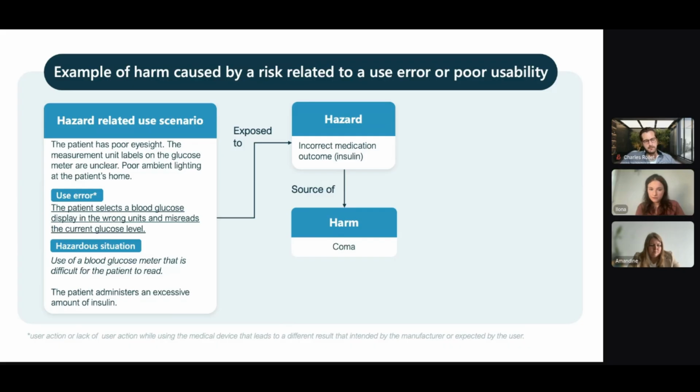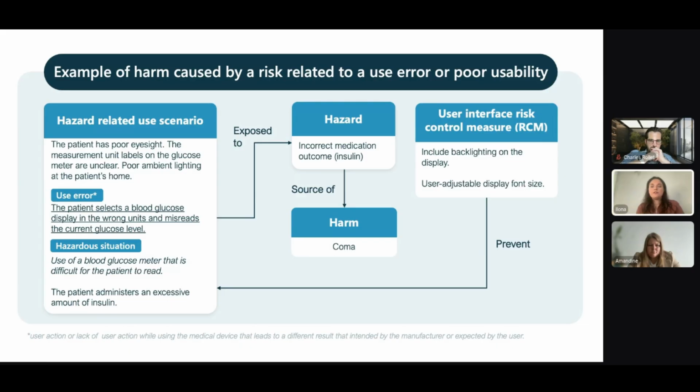So if there is an incorrect medication outcome, the consequence is coma. And then you have your risk control measures, so what you will do on your user interface to prevent that. For example, include backlighting on the display, have a user-adjustable display font size. And the idea is that those risk control measures will prevent the hazardous situation from happening.